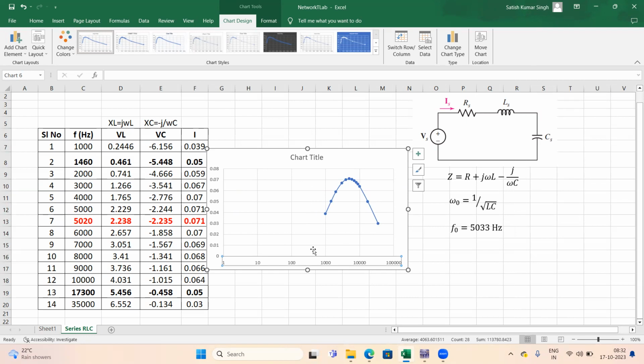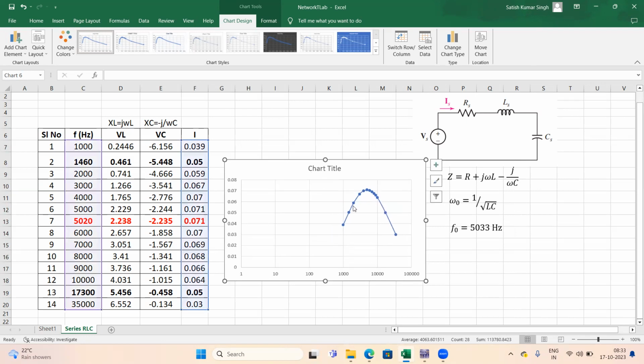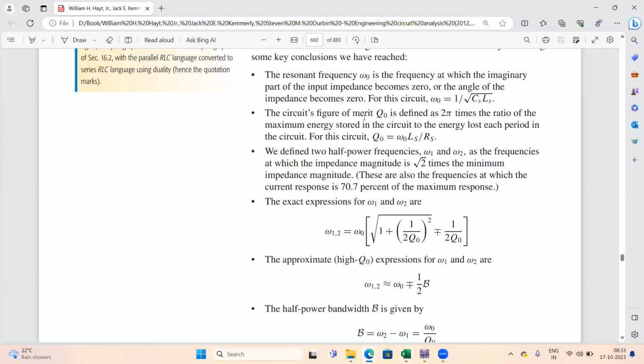Here you can see that at a certain point this current is getting maximum, and the current on both sides is going to be reduced. Here we can also calculate the half power point frequencies. Normally, as defined in the books, we have two half power frequencies, omega 1 and omega 2.